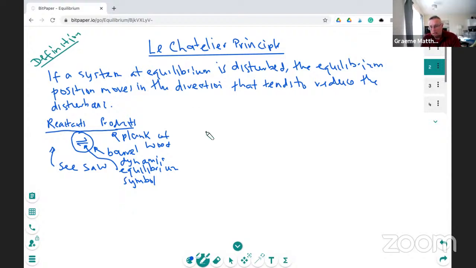So I'm thinking, could I have this? Here's my plank of wood, my seesaw. Here are my reactants. Here are my products.